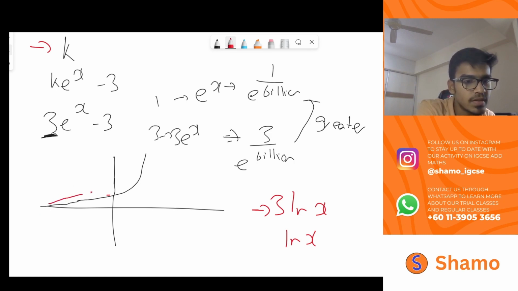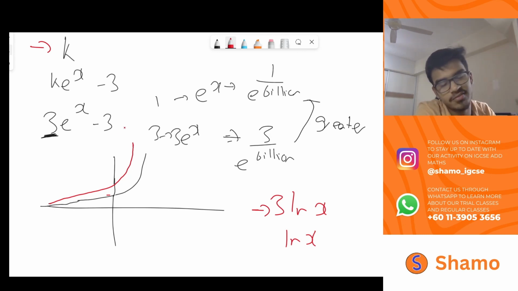So that's why it looks something like this. Are they parallel? That's a whole new discussion to have later, but that's not what we are concerned about right now. You could plot a graph in Desmos and check all that, but the point is that k does not affect the value of the asymptote.